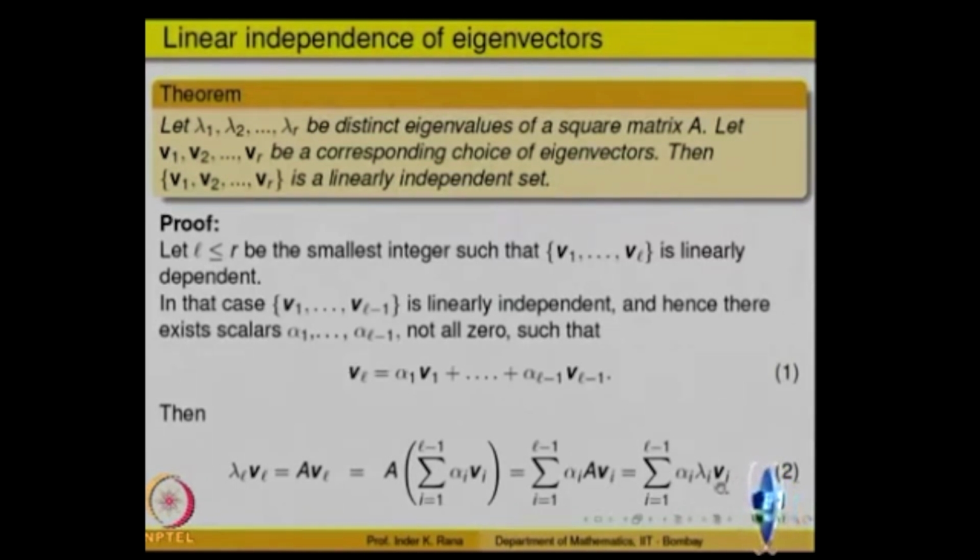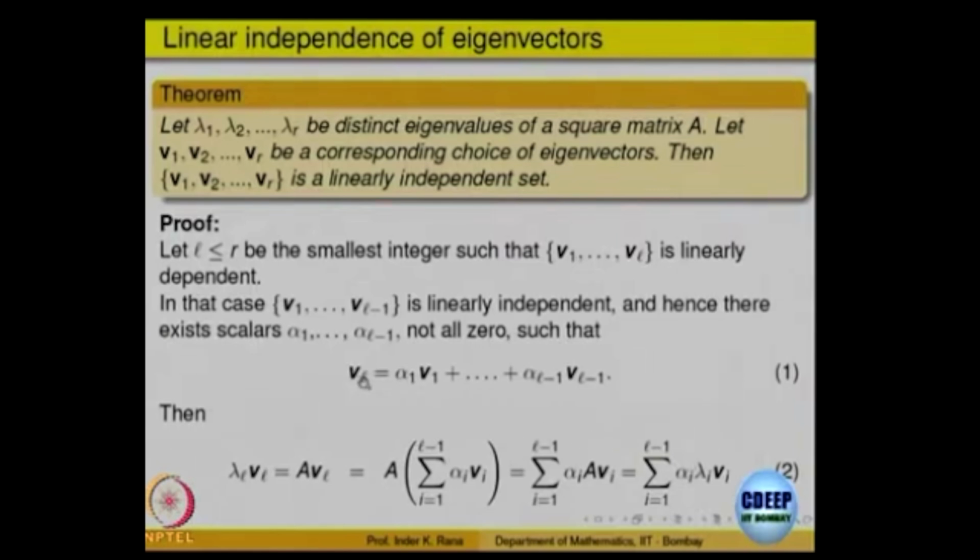Is it okay? So the first equation is because VL is an eigenvector and from 1 this value is put here. So A of the summation, and then by linearity this is sigma alpha i A of Vi, and each Vi being an eigenvector, this is nothing but lambda i Vi. So let us keep this equation as 2.